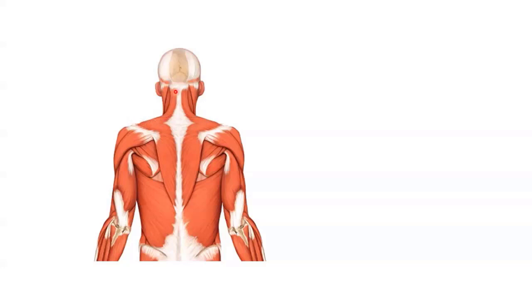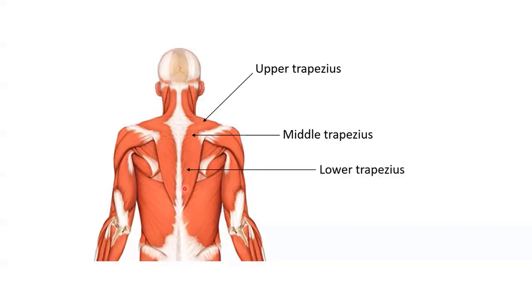We call this part the upper trapezius. The section where the muscle fibers are running more horizontally, we call the middle trapezius. And the section where the muscle fibers are running downward, we call the lower trapezius.